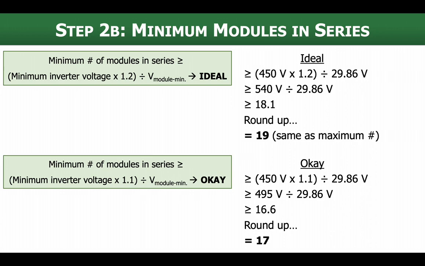Again, real world, what is this actually going to pencil out to? We just rounded up from 16.6 to 17. Right? So 17 times 29.86 is going to be more than 495. So we have a little buffer built in. Our actual percentage of the inverter minimum is going to be maybe like 113%. You can do the math and figure it out.